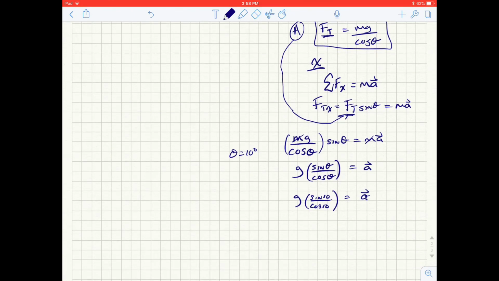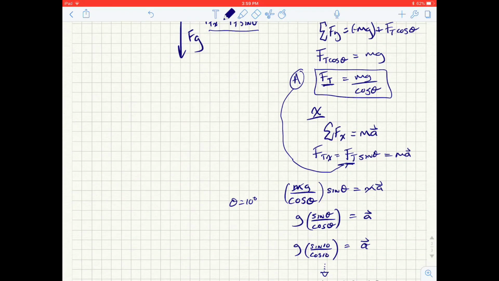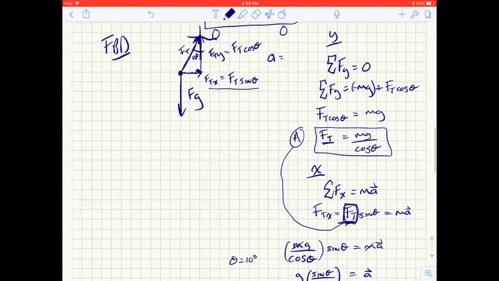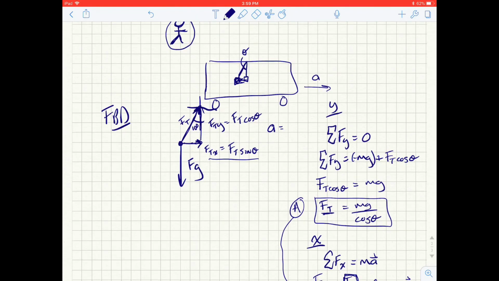When we plug our numbers in, which I won't show you here, we find that acceleration is equal to 1.7 meters per second squared. So we use the substitution here in order to describe the acceleration in terms of the apparent force as observed from inside the frame of reference that is accelerating.